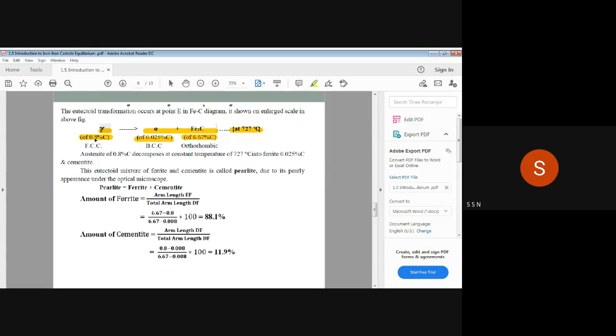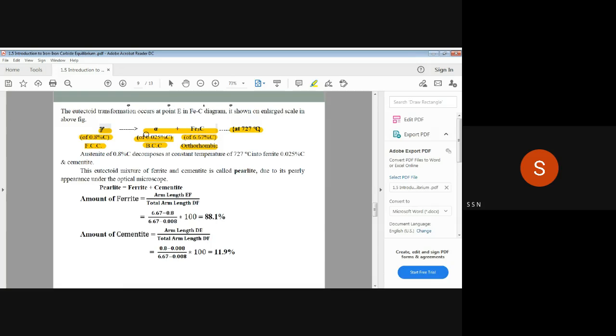Below that, the structure is also represented. What is the crystal structure of these three phases? All three phases are solid, but still they have different crystal structure and microstructure. That's why they have different properties.